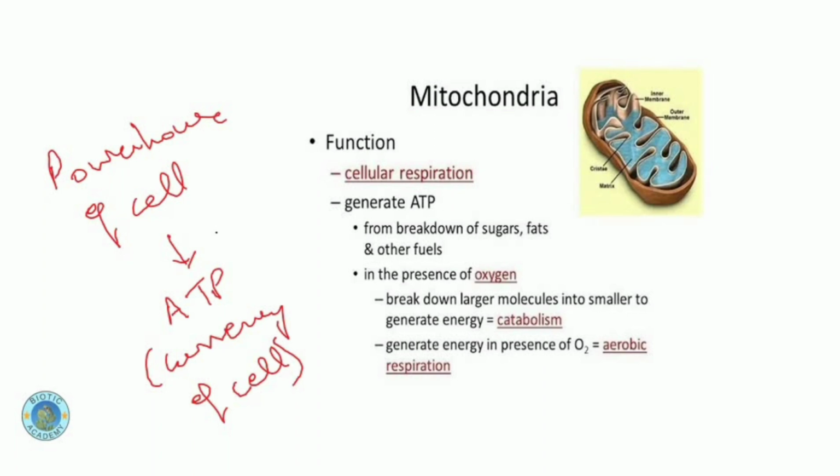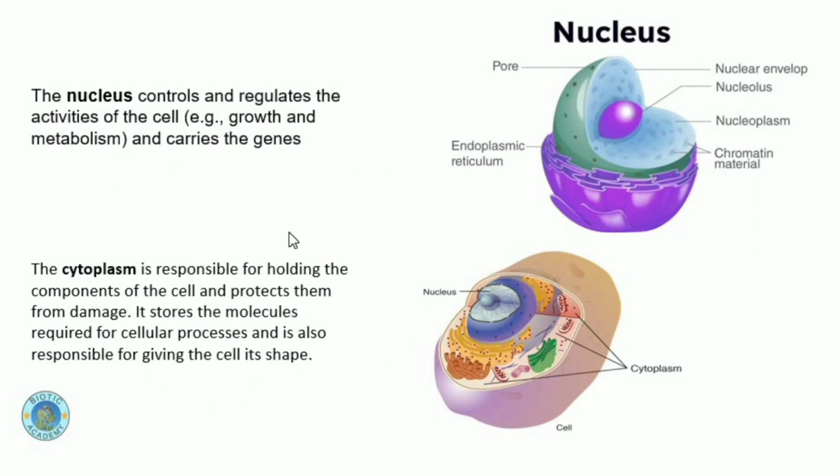Now after mitochondria we'll be discussing the next, that is the nucleus, which we usually say is the brain of the cell. Why are we saying that it is the brain of the cell? Because it is controlling and regulating the activities performed within the cell.